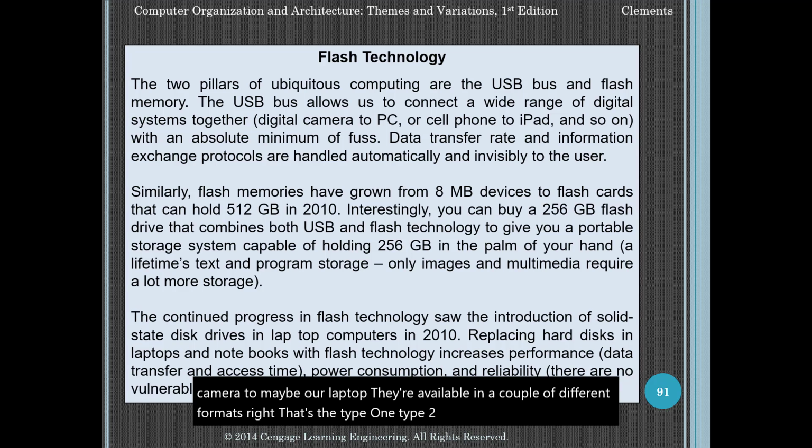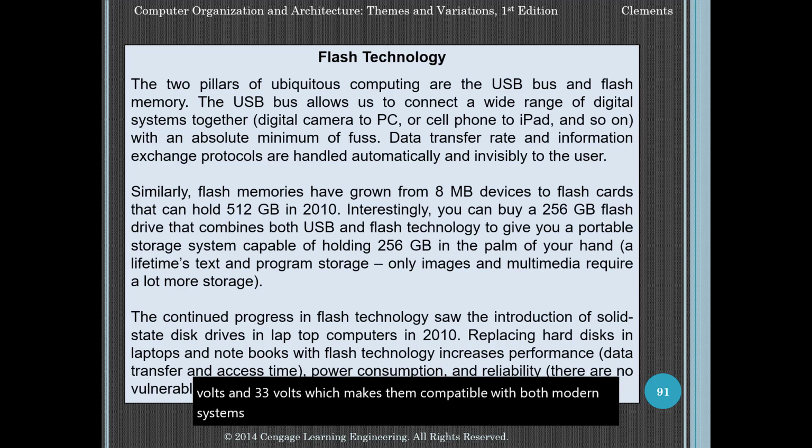But the advantage of these types of modules is their high reliability, the lack of susceptibility to shock, so you can't really static charge them and lose your data, the low cost, and they were designed to support dual voltage standards, 5 volts and 3.3 volts, which makes them compatible with both modern systems and older systems.